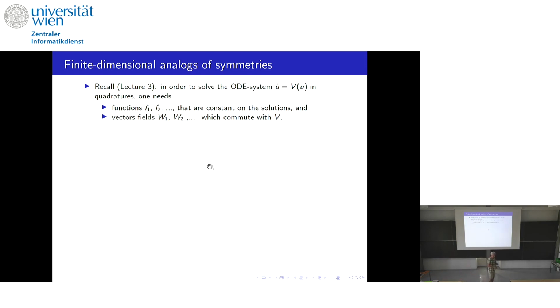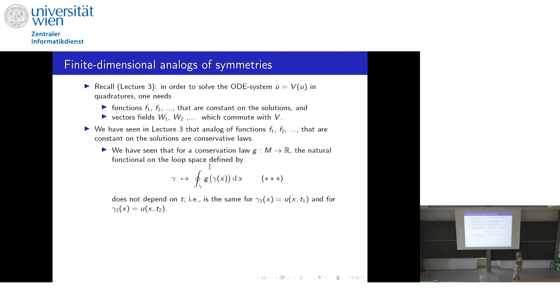There should be the correct number of functions. Actually, the number of functions plus the number of vector fields should be n-1. We have seen in lecture 3 that the analogs of functions f, which are constant on solutions, are conservation laws.